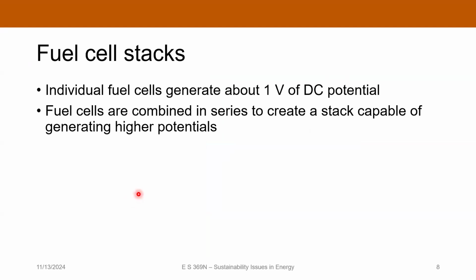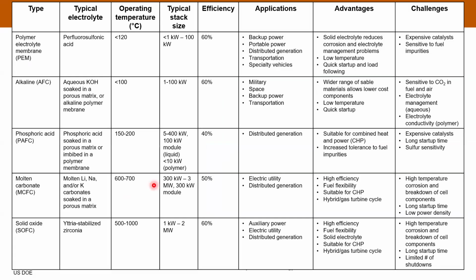The problem is that a single fuel cell typically generates about 1 volt. That is less than a AA battery, right? AA batteries are 1.5 volts. So you need to combine a whole bunch of fuel cells together to generate higher potentials that could be used to generate electricity at a useful scale.